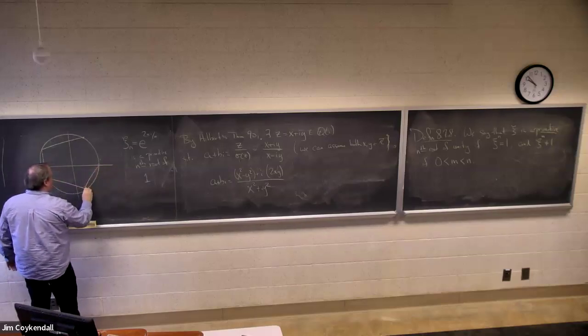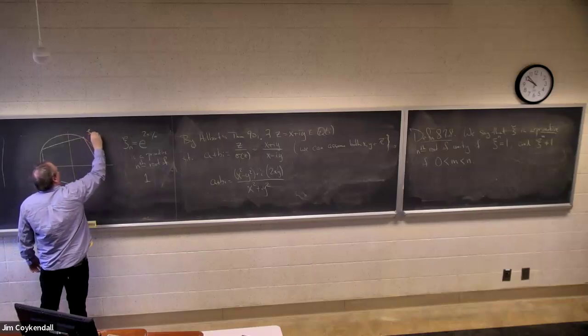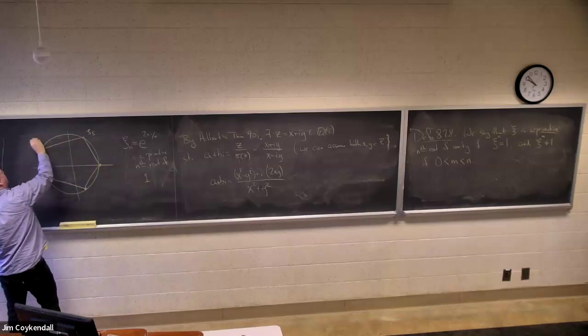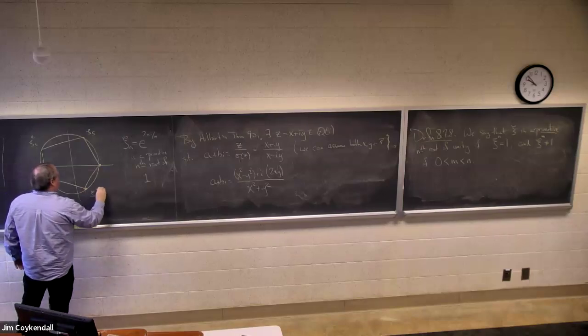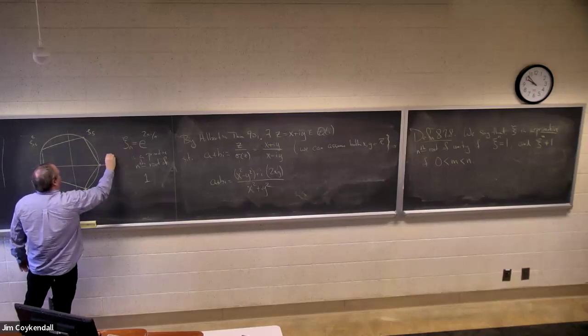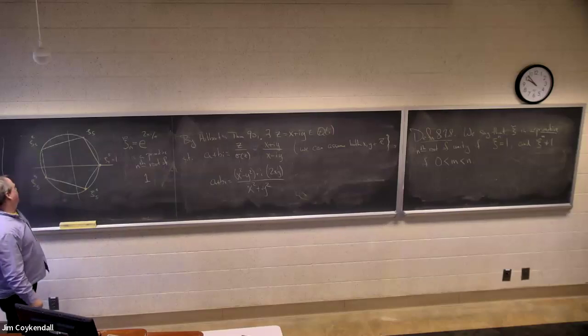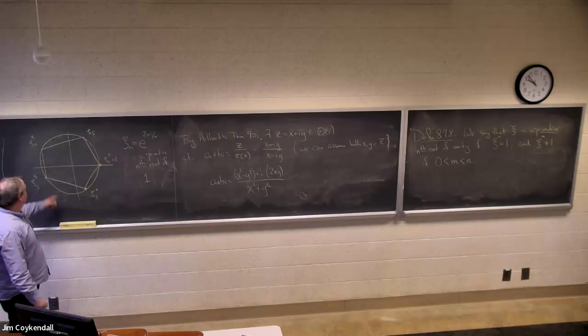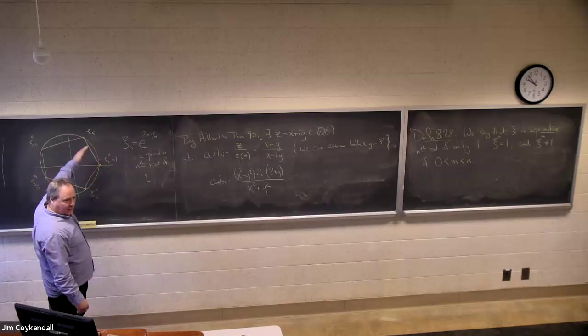These are the primitive roots. The primitive roots of unity sit regularly spaced on the n-gon, right?